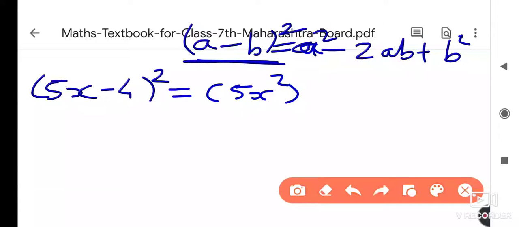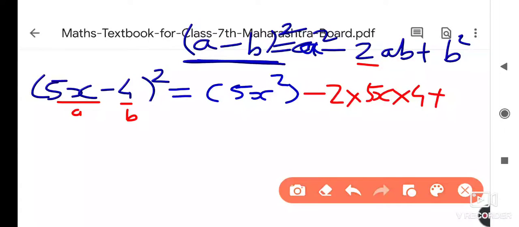So write the negative sign, 2 as it is, and a is 5x, as I told you before, and this is b. So 2 into a, where a is 5x, and b is 4. And plus b square, b means 4, so write 4 square. A single term is there, so it's not necessary to put a bracket.